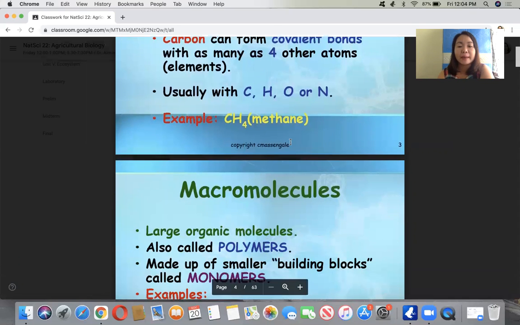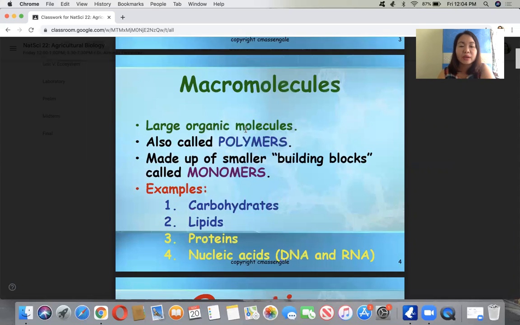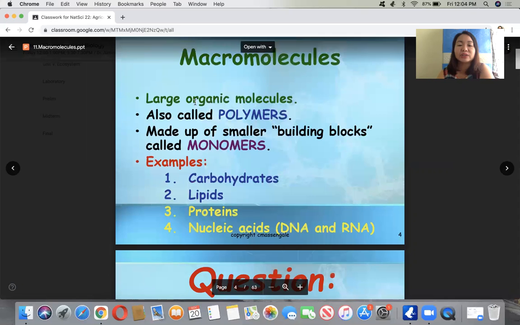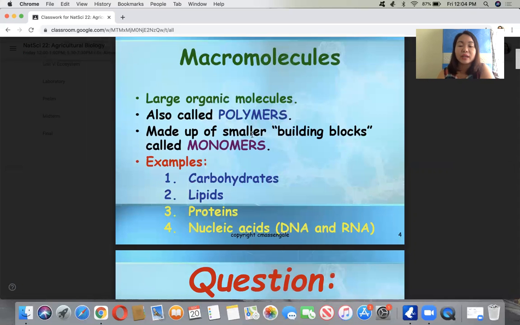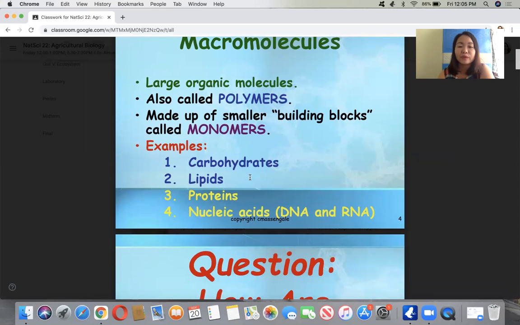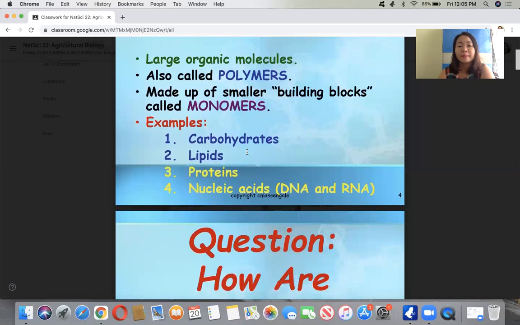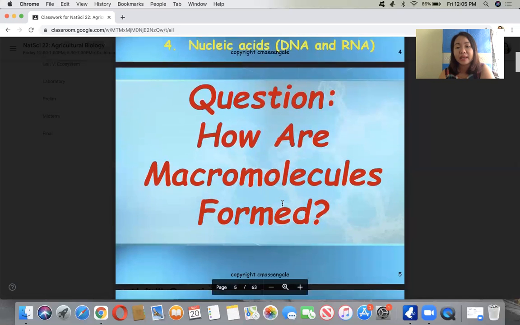An example is methane, or CH4. Macromolecules are also called polymers, and they are made up of smaller building blocks called monomers. The 4 major macromolecules are carbohydrates, lipids, proteins, and nucleic acids, or the DNA and RNA.